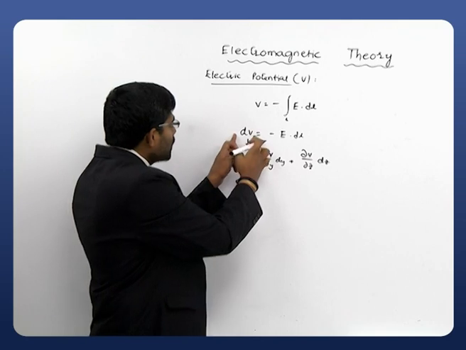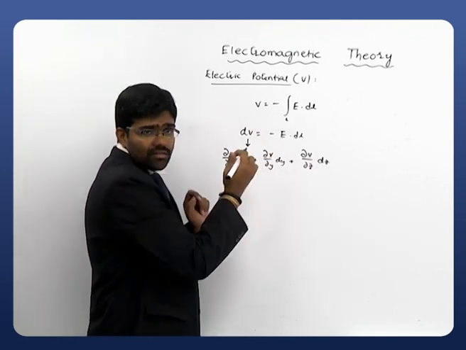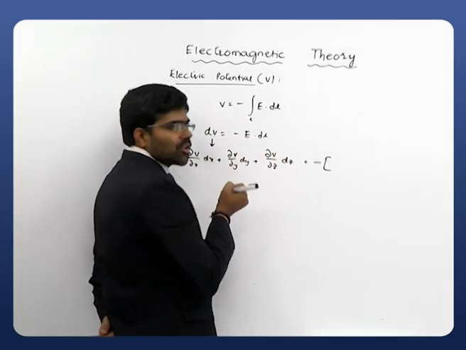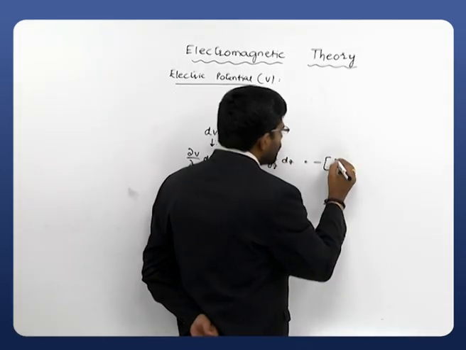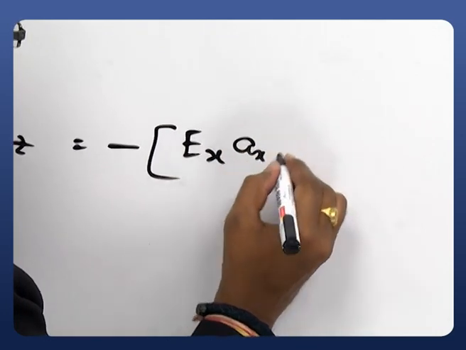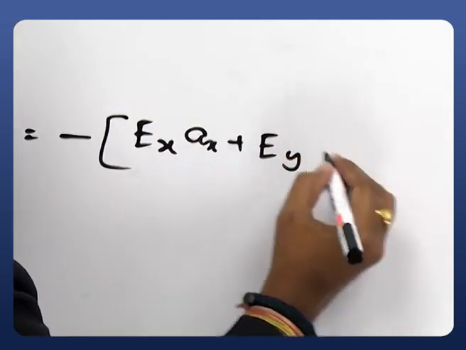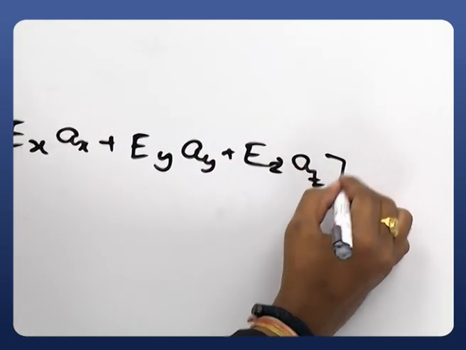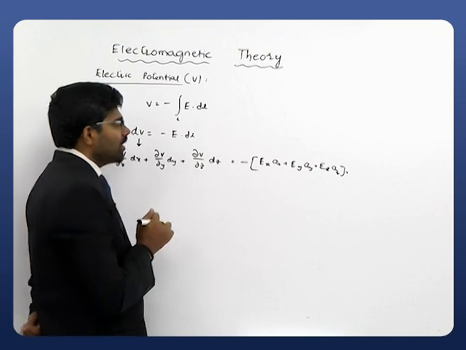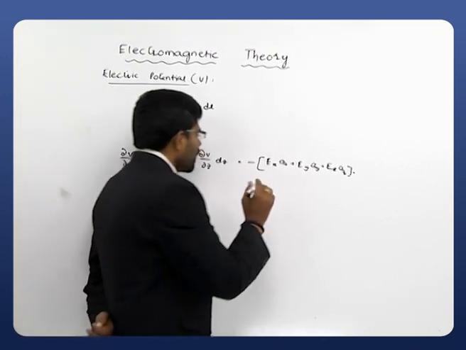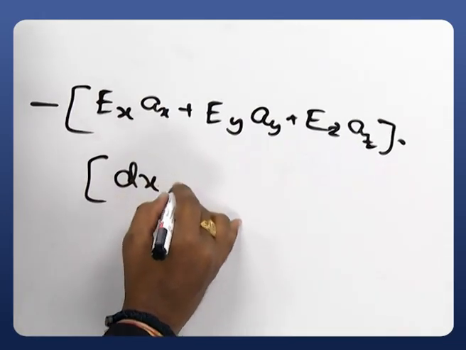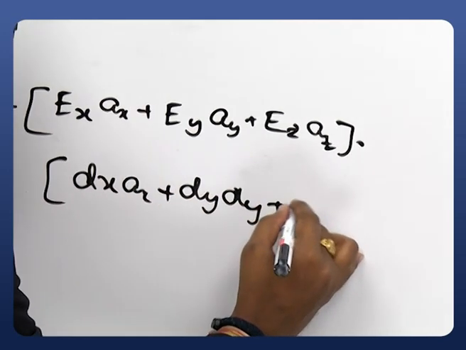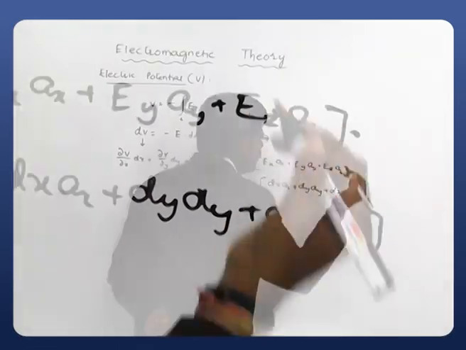That's the equivalent of this dV in rectangular coordinate system, which must be equal to minus E, which can be expanded in rectangular coordinate system with its components Ex, Ey, Ez. That is Ex Ax plus Ey Ay plus Ez Az, dot dl. The differential length in our rectangular coordinate system is dx Ax plus dy Ay plus dz Az.